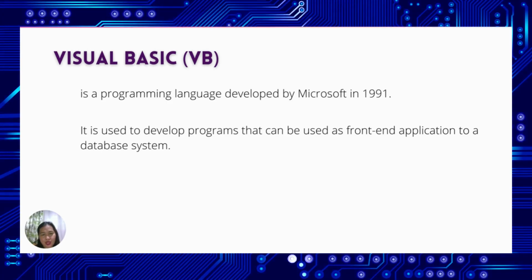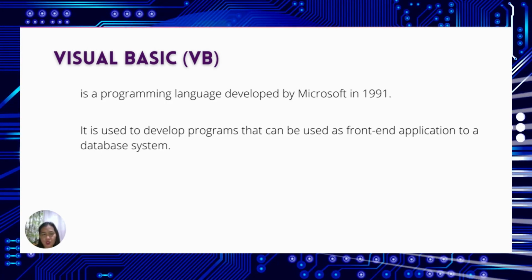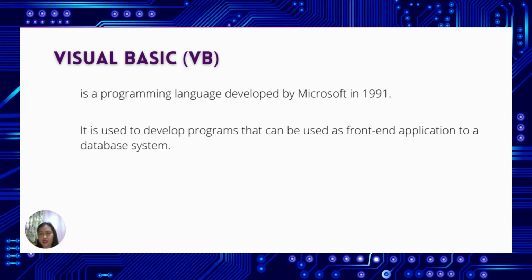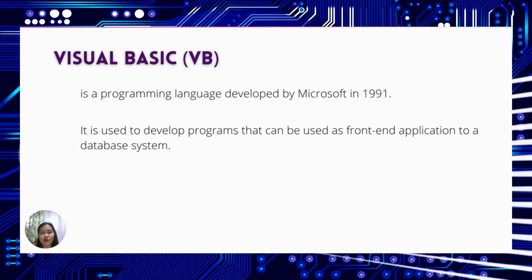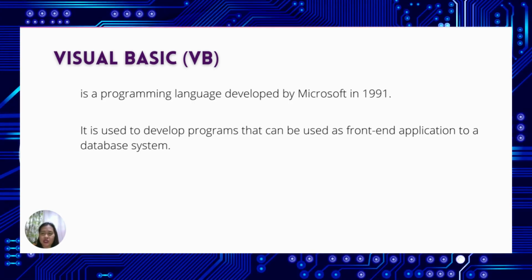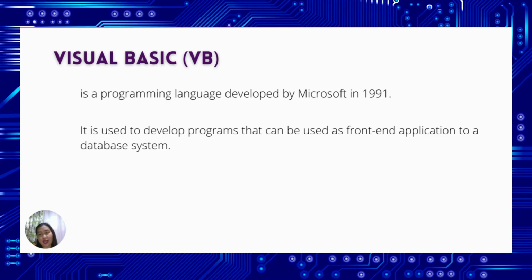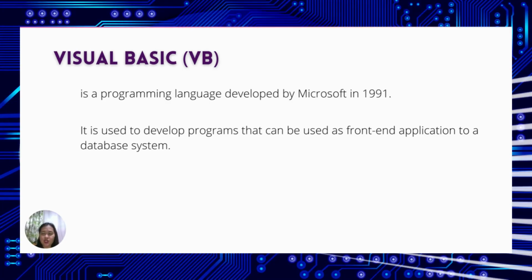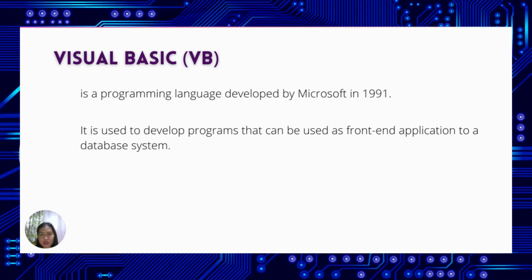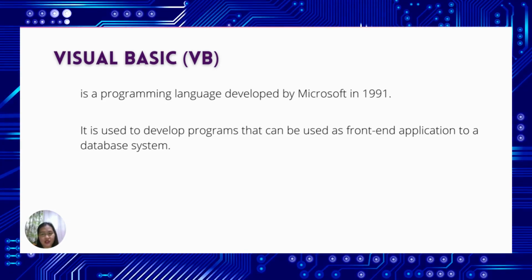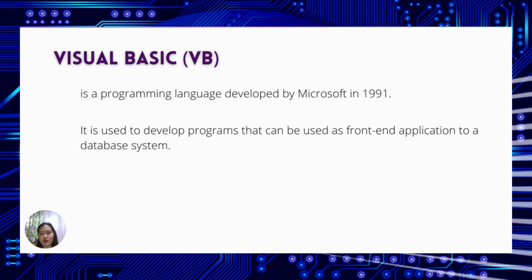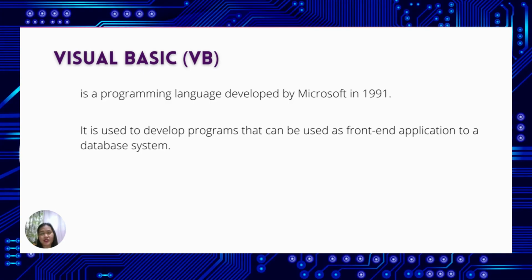It is used to develop programs that can be used as a front-end application to a database system. When we say the front-end, it is what a user sees and interacts with, the user interface. It is also referred to as the client side of the application, like text colors and styles, images, buttons, and navigation menu.